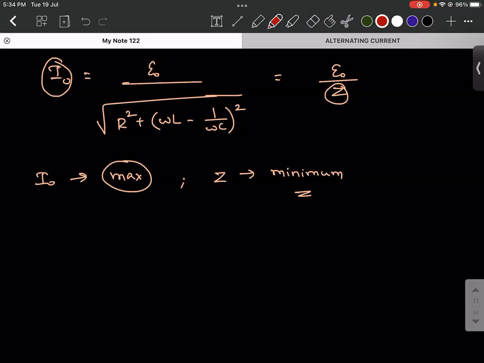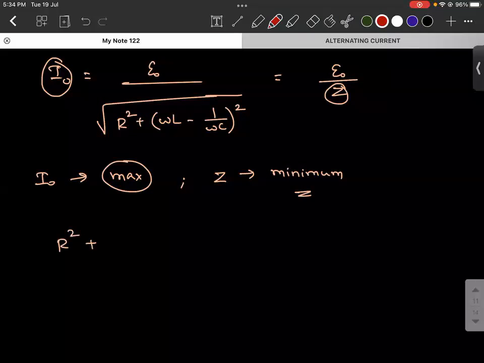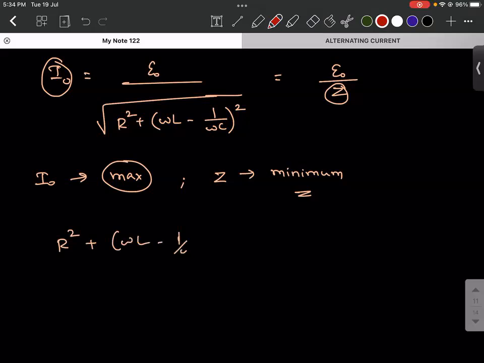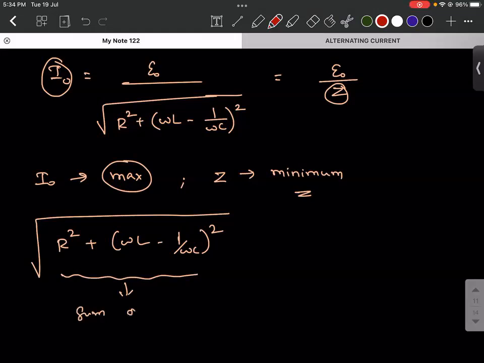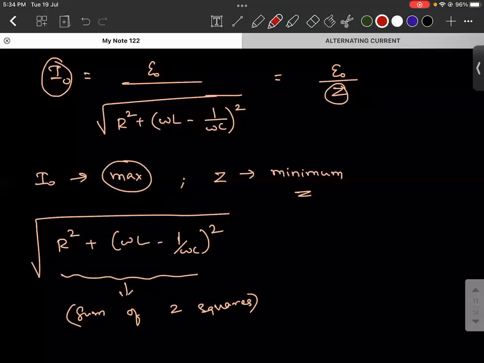So when Z has to be minimum, observe, I have R square plus omega L minus 1 by omega C the whole square. This is what you have as Z. If you observe this, this whole expression is a sum of two squares.